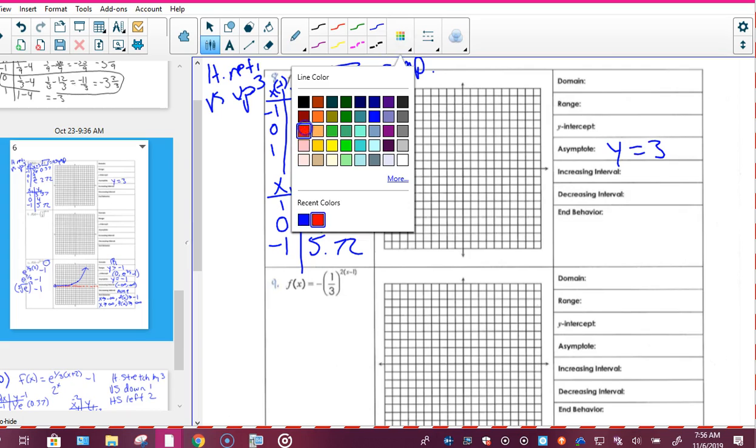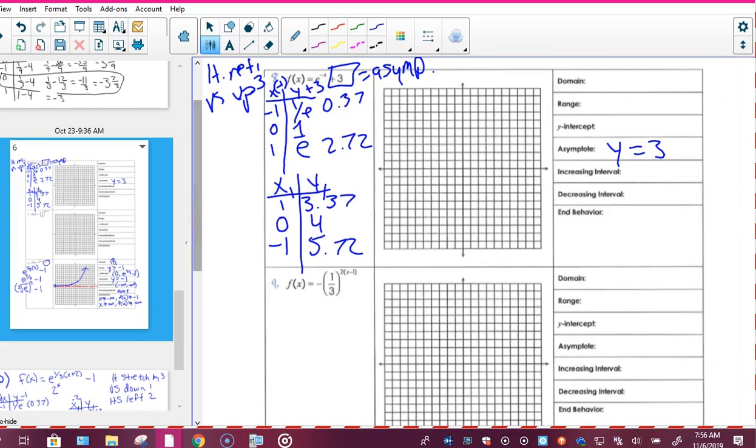We can graph that first. 1, 3.37; 0, 4; -1, 5.72. Close enough. Looks something like that.